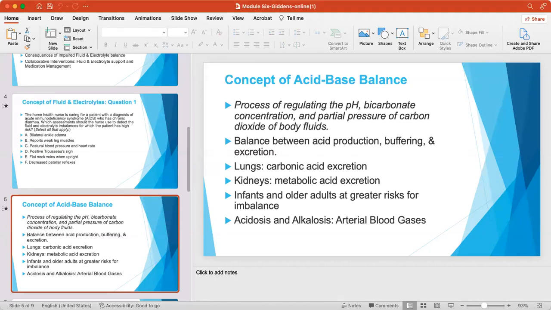This will cause the kidneys to be able to excrete more or less metabolic acid, maintaining optimal acid-base balance. If there is too much metabolic acid present in the blood, the kidneys can increase the creation of hydrogen and make more NH3, which is ammonia.